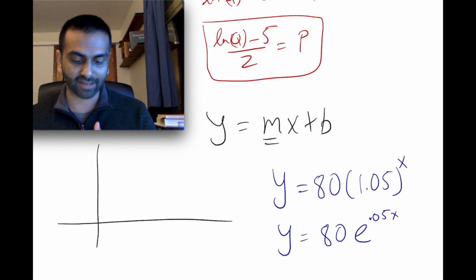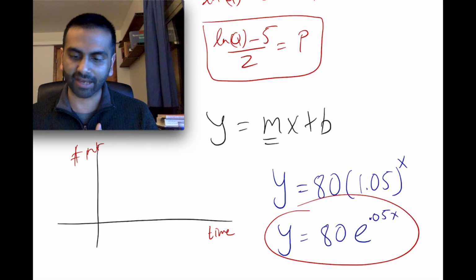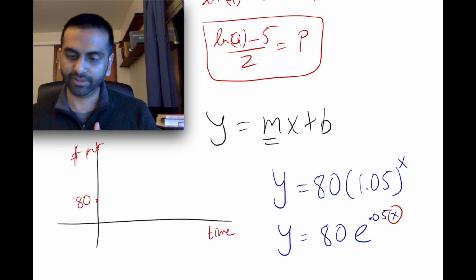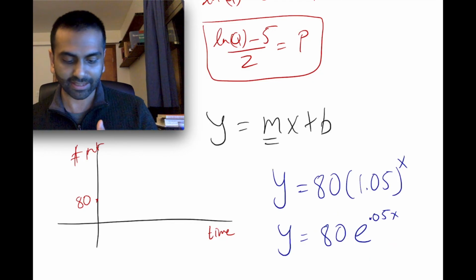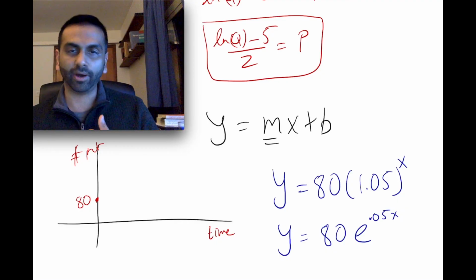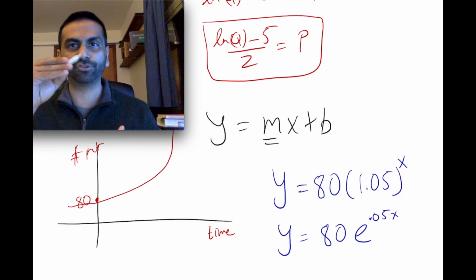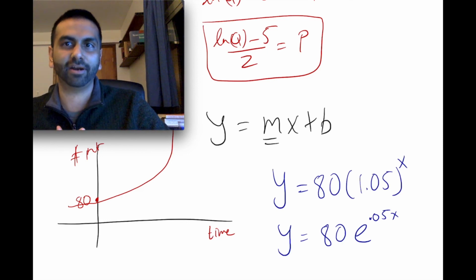So here, if the x-axis is time in days and the y-axis is the number of people infected, the graph is going to start at 80, because when x is 0, e to the power of 0 is 1, and 1 times 80 is 80. But then when x is 1, 2, 3, 4, it's going to grow non-linearly, and that sort of exponential growth is useful to model in a lot of real-world scenarios.